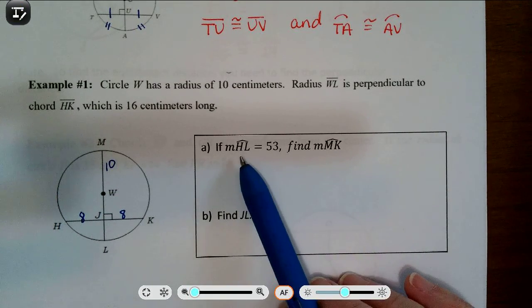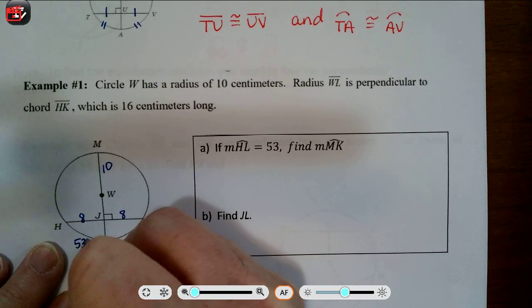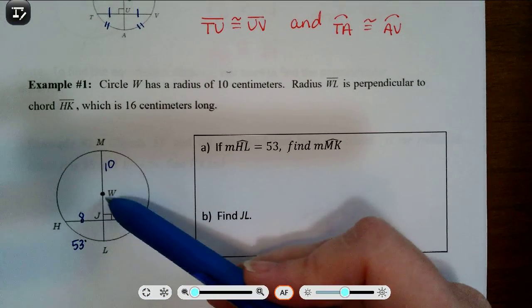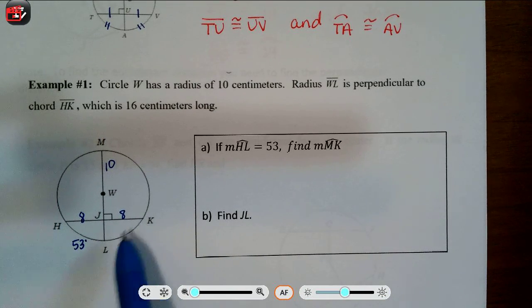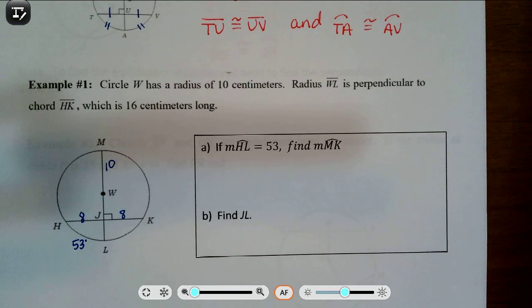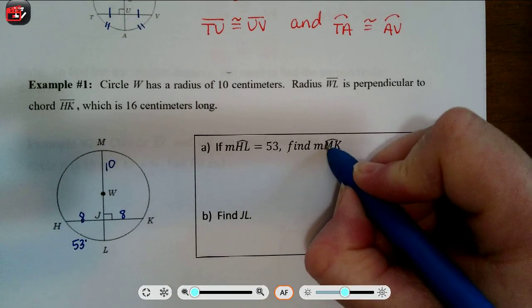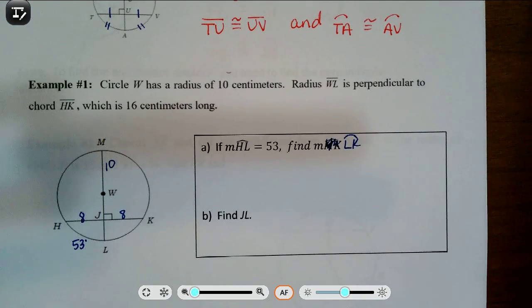Well, let's start off with the first one. It says HL is 53, so I know that this arc is 53 degrees. WL is perpendicular to HK, which means it bisects. If I want to find the measurement of LK, then I'm going to look here, and this bisects.